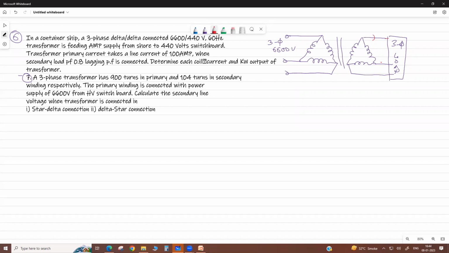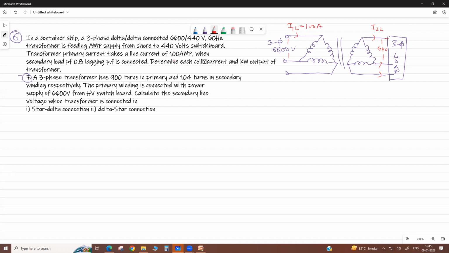Here is the secondary. This is the secondary line current. Here this is the primary, and I1 stands for the primary line current. He said that it is feeding the alternate marine power supply from the source. So here this secondary is 440 volt. This much voltage is given. The transformer primary takes a line current of 100 ampere, my dear.